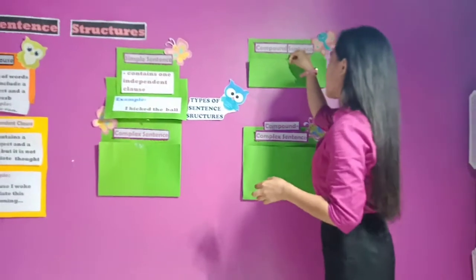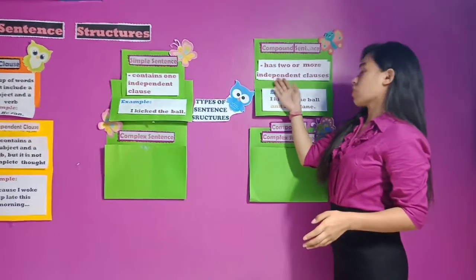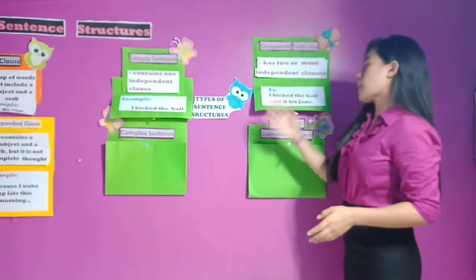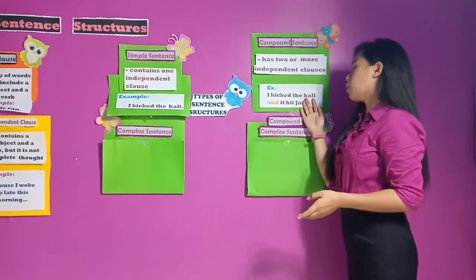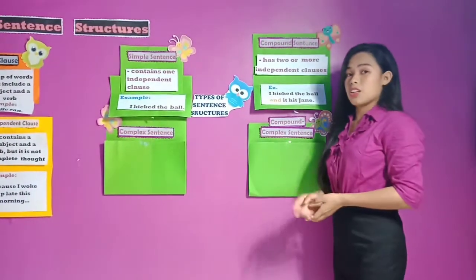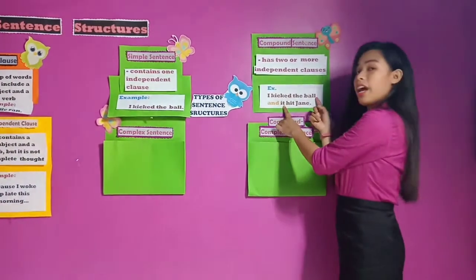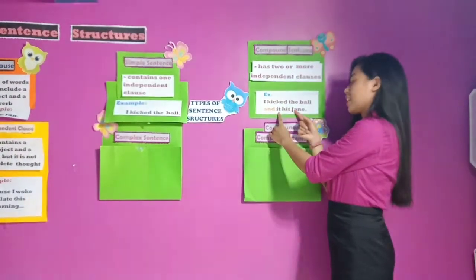A compound sentence has 2 or more independent clauses. So, for example, I kicked the ball and it hit Jane. In this example, we can see 2 independent clauses: I kicked the ball, and it hit Jane.